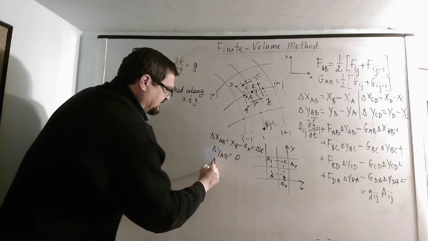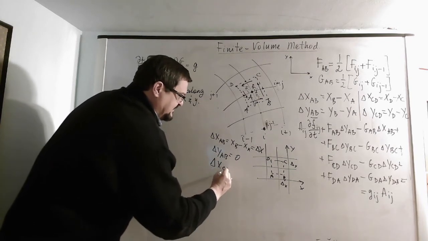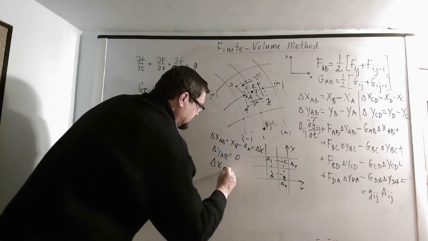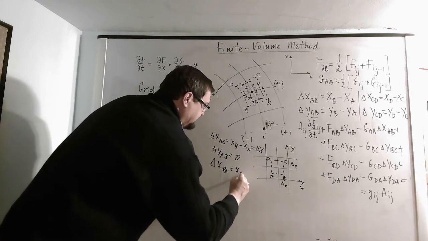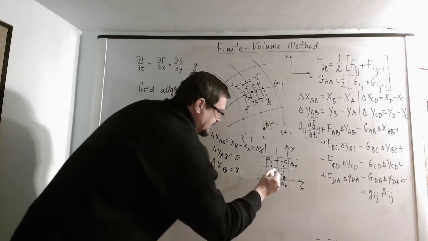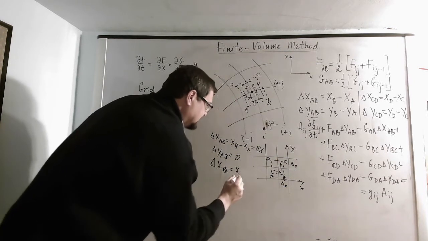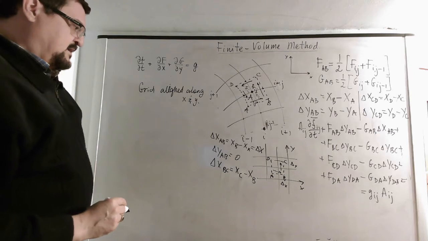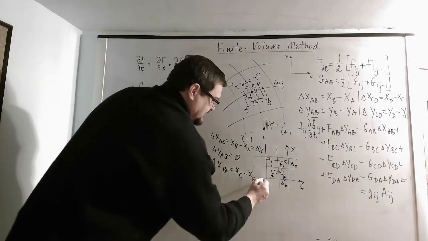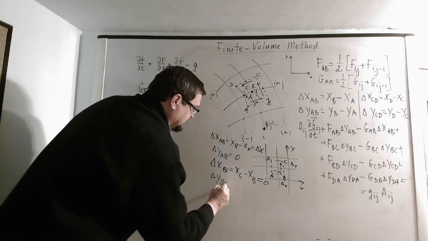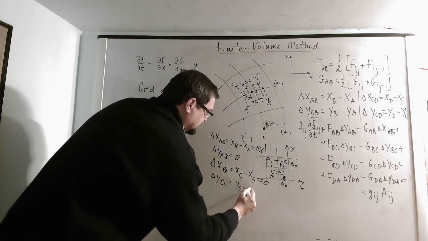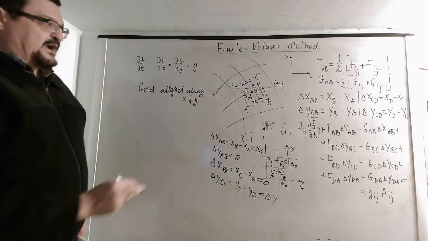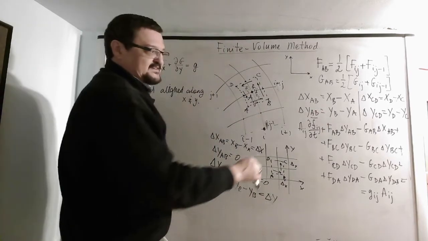And delta XBC, this is the direction, equals x at C minus x at B. But x's are the same along this side, so it's actually 0, and delta YBC equals YC minus YB, which is just delta Y. So if you now substitute these into here, you'll see that some terms will disappear.